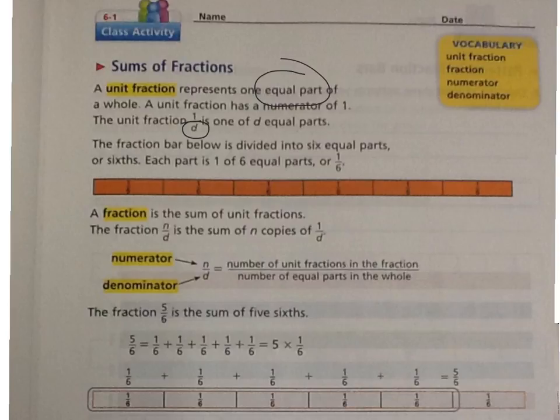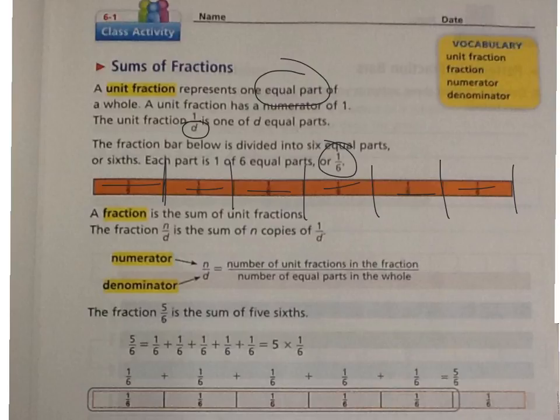So the fraction bar below is divided into 6 equal parts, or sixths. Each part is one of the 6 equal parts, or 1 over 6, 1/6. So this bar has been broken into 1, 2, 3, 4, 5, 6. There's 6 equal parts in here. Equal is the most important thing, because in order to be real fractions, they have to be equal.